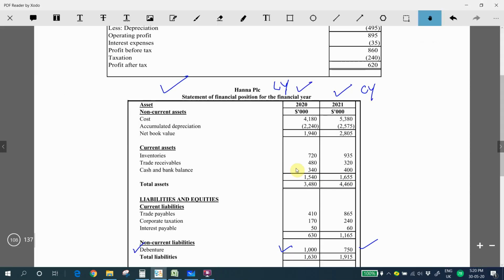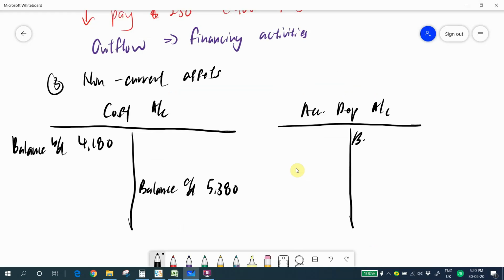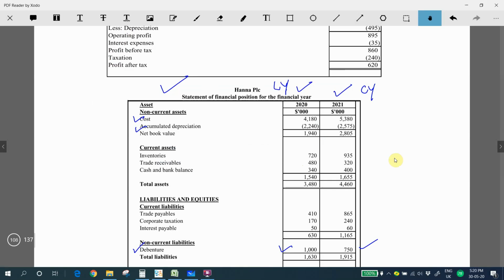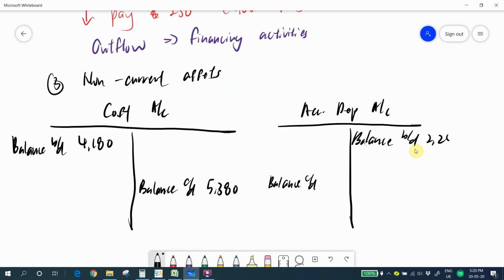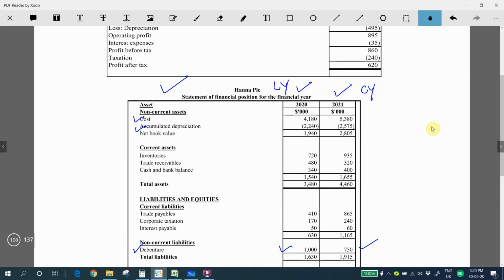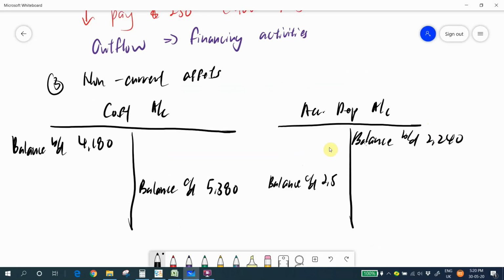For the accumulated depreciation, it is opposite as compared to the cost. My opening balance is on the credit and my closing balance is on the debit. So I have a balance BD on the credit and then a balance CD on the debit. Amount 2240 as the opening balance and 2575 as the closing balance.